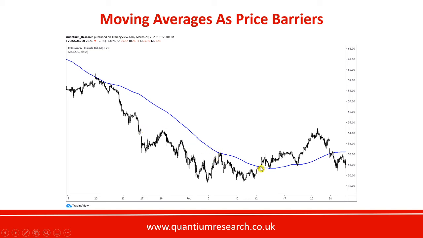We've got this as resistance, and the price of the WTI crude oil contracts actually breaks out above this area of resistance, an important area, the 200 simple moving average on the hourly, and that seems to be an area of support when the price reverses.